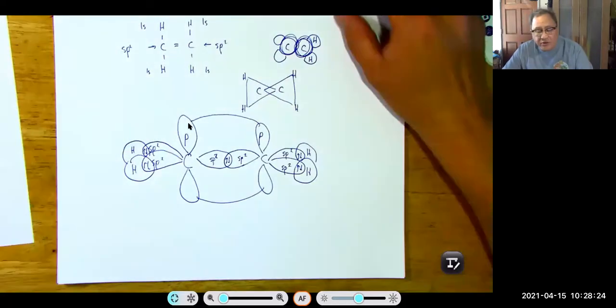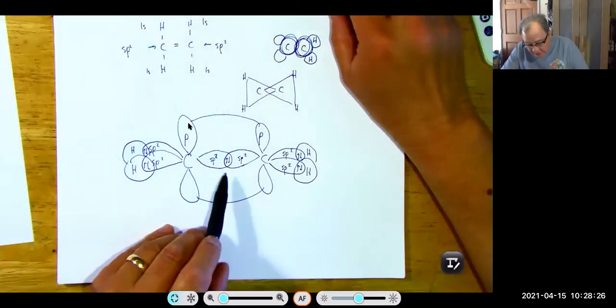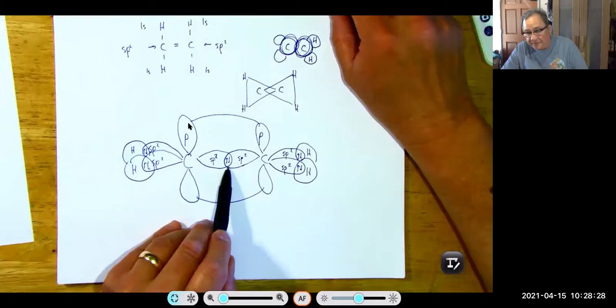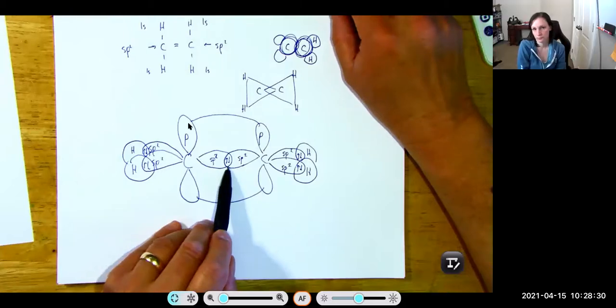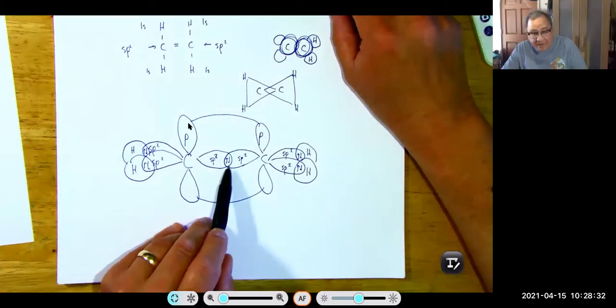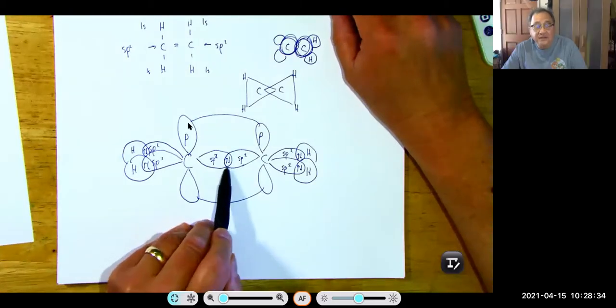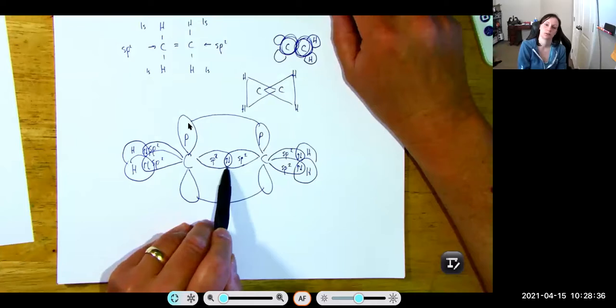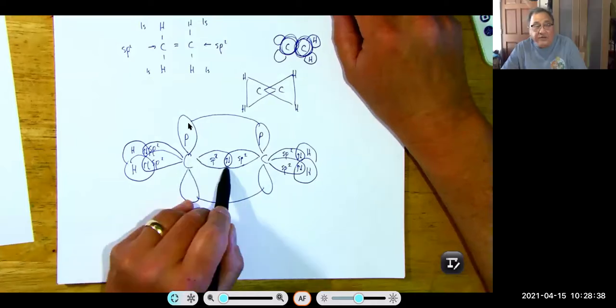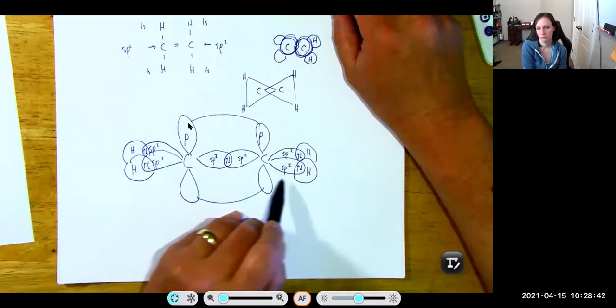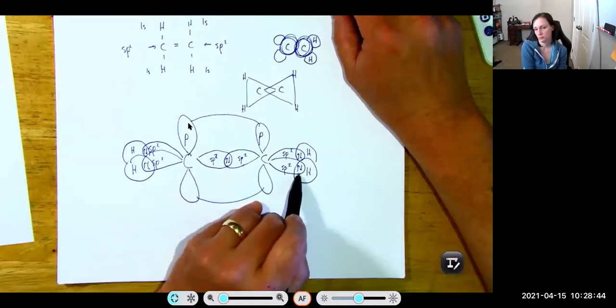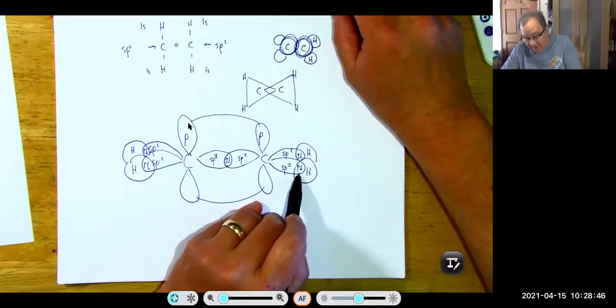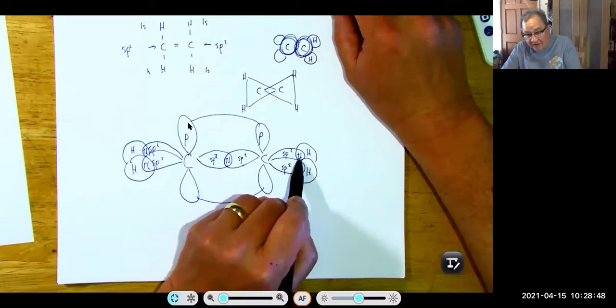How many electrons are in there? Well, let's take a look. How many electrons in this overlap? 4. How many electrons in this overlap that I'm pointing at? Well, it's a double bond. No, right here. How many electrons? Oh, just the 2. How many here? 2.